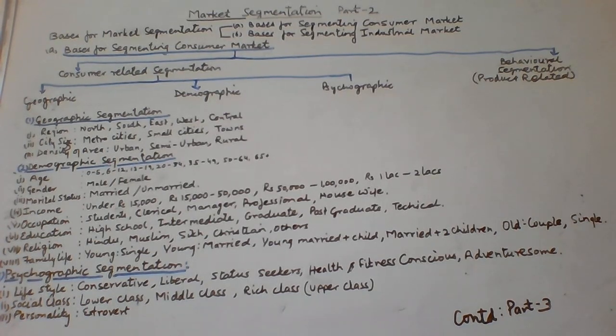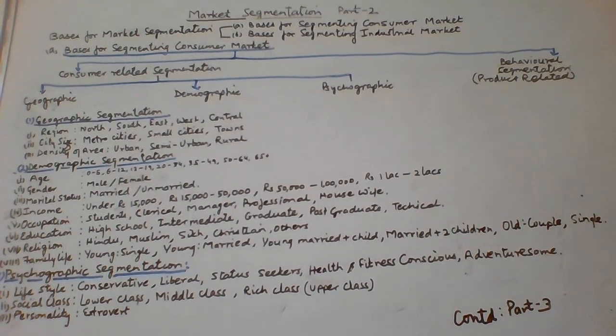So it is very important for any marketing manager, while segmenting and deciding which segment to target, as an entrepreneur or a business person, to study and understand the dynamics of this family life cycle.